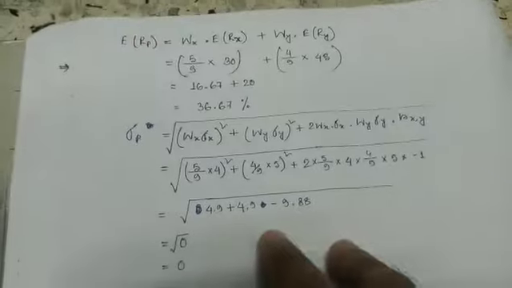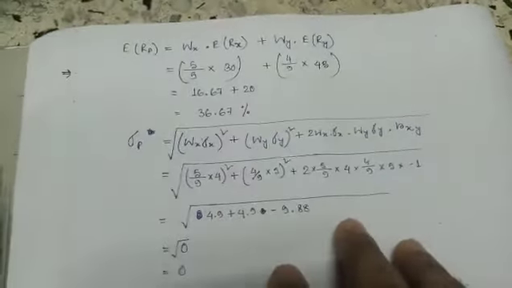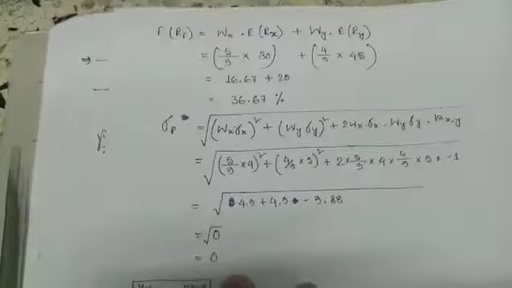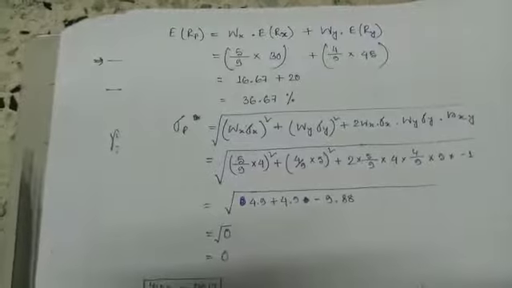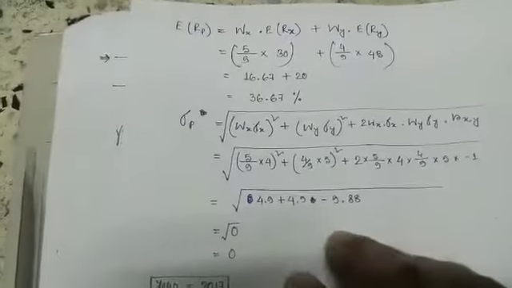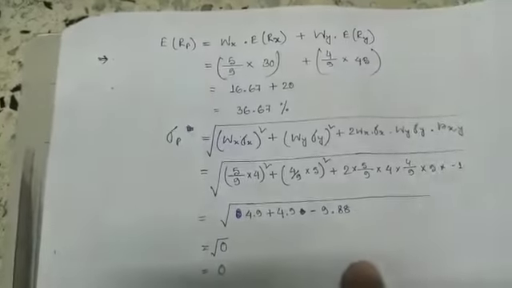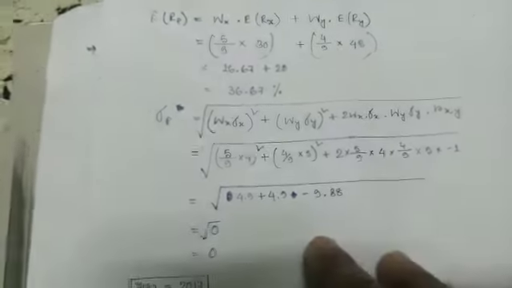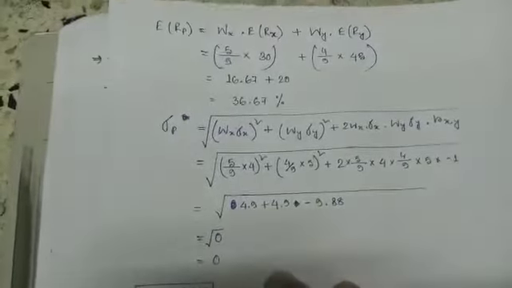That means there will be no portfolio risk where the securities are perfectly negatively correlated and we calculate the weights for security X and security Y, or for security A and security B, as sigma Y divided by sigma X plus sigma Y for security X and sigma X divided by sigma X plus sigma Y for security Y. This is the optimum weight to be taken where the securities are perfectly negatively correlated.